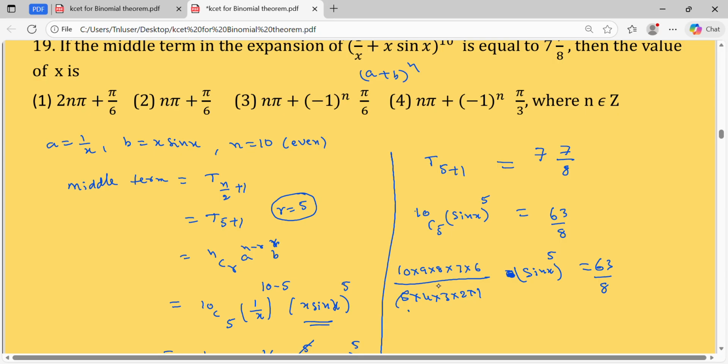Cancel them. 5 1 ja, 5 2 ja, 2 1 ja, 2 2 ja, 3 1 ja, 3 3 ja, 4 1 ja, 4 2 ja. Now here cancel this 7 also.